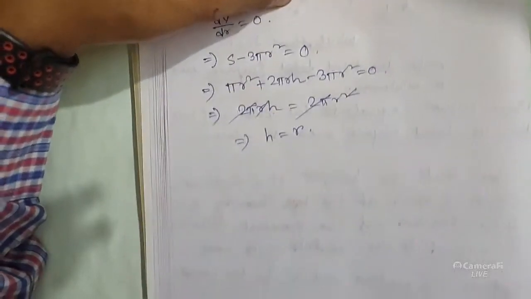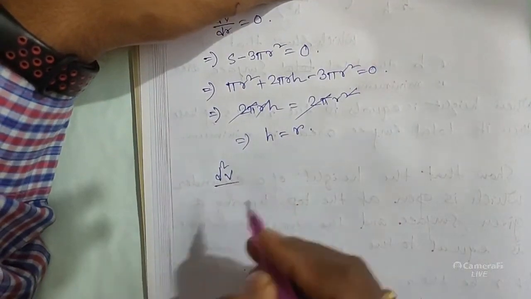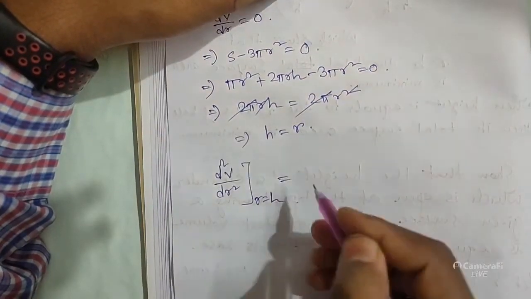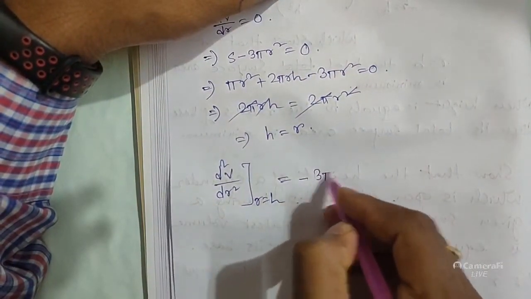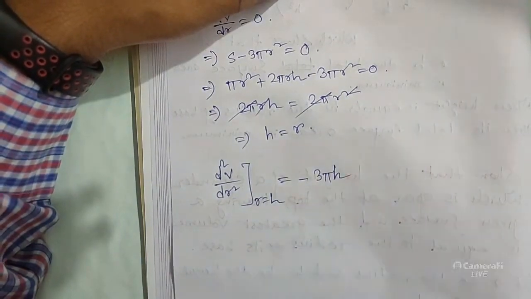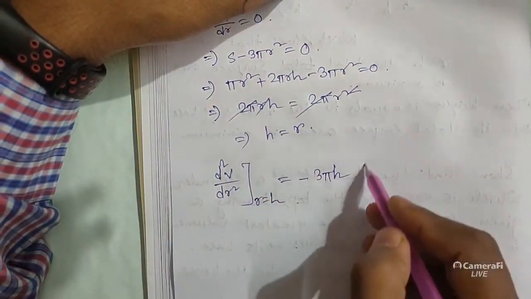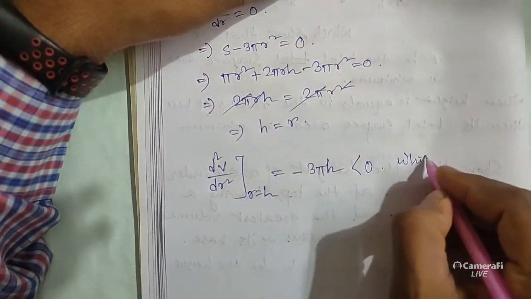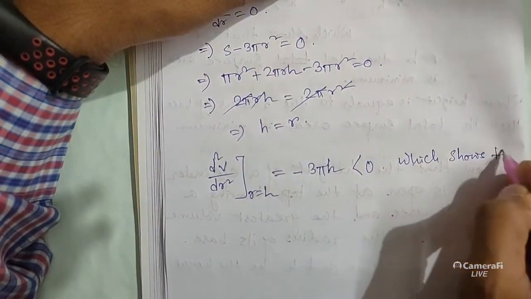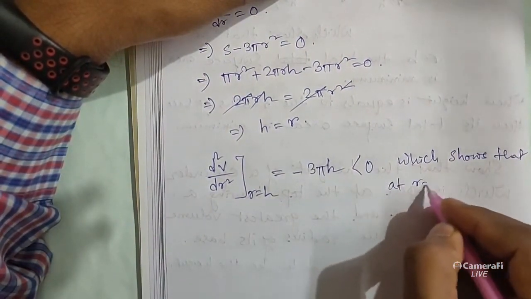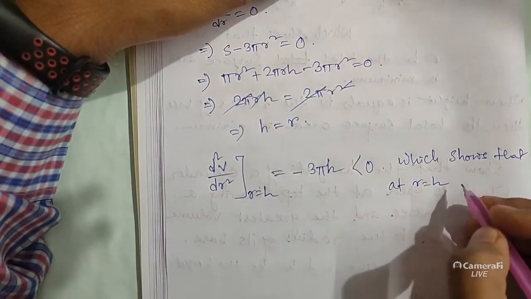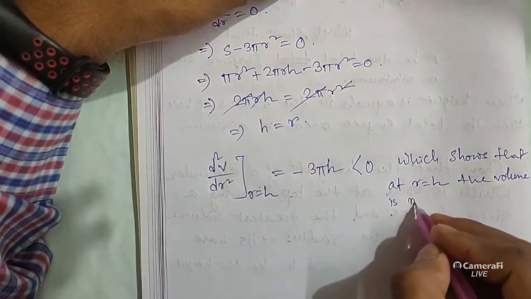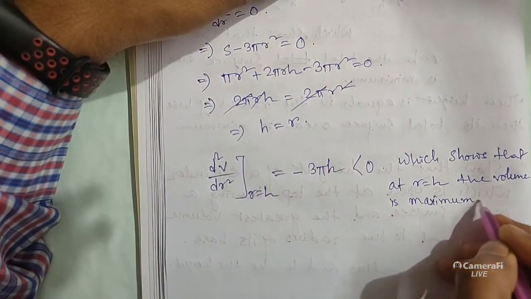Now what we have to check? We have to check the volume, that is d2V by dr2 at r equals h, which is equal to minus 3 pi, in place of r we put h, and this value obviously is less than 0 because the negative sign is there. So which shows that at r equals h, the volume is maximum.